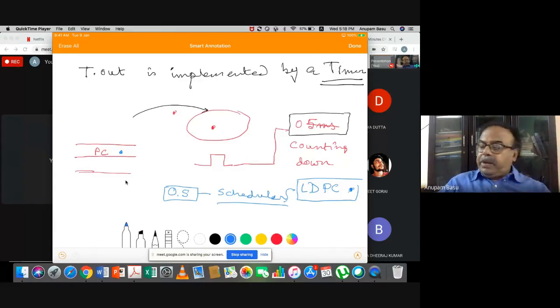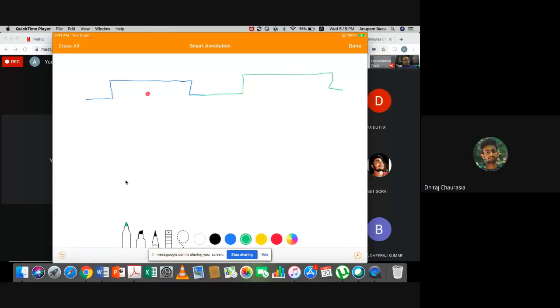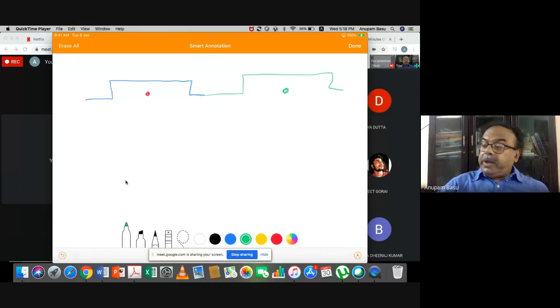So let me draw another diagram. Here was an execution that was happening for a red program, and say the green program starts here. In between, the CPU decided the OS has made an execution.